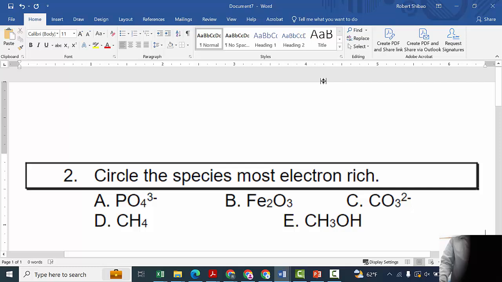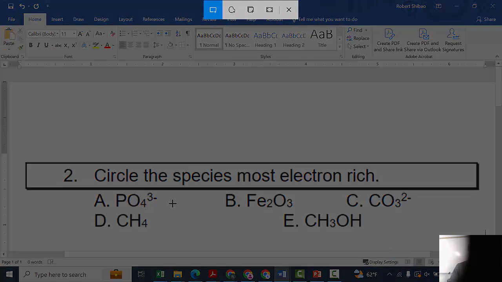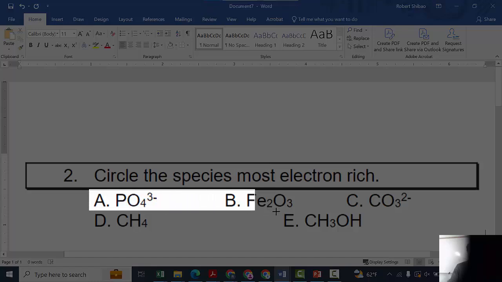You will be given the redox chart on the exam. So there are different ways we can analyze the oxidation states.